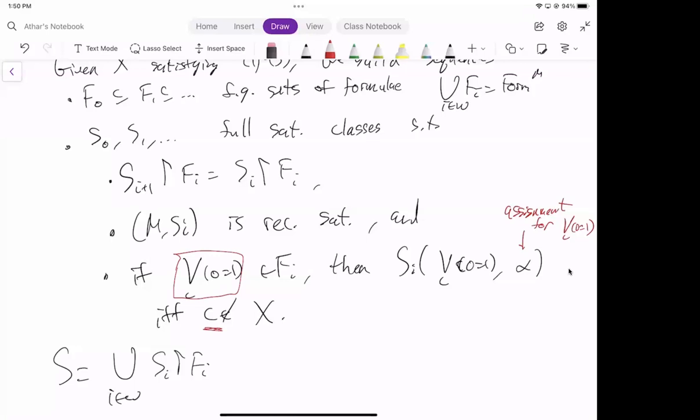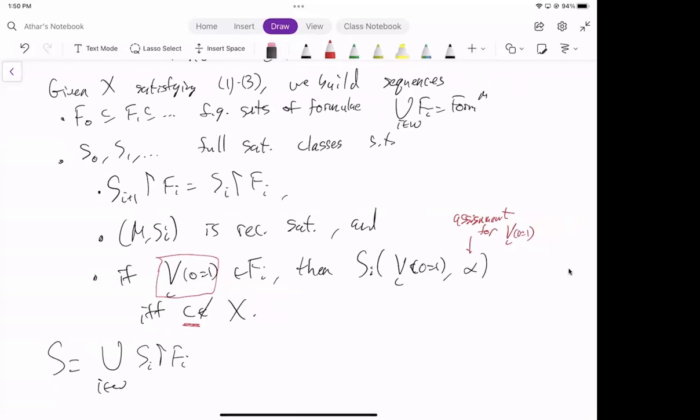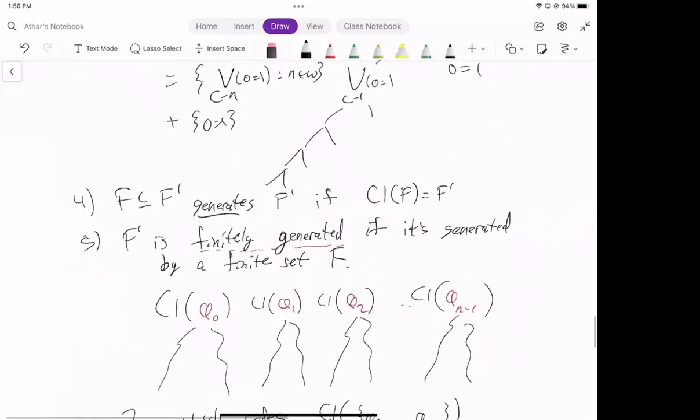Athar, can I ask a question here? Yes. In particular, this seems like a very simple construction of a full satisfaction class, so there must be something hidden here. Is this a version of Enayat-Visser then? It's interesting because in the literature I could not find another good example of building a satisfaction class on the model itself.